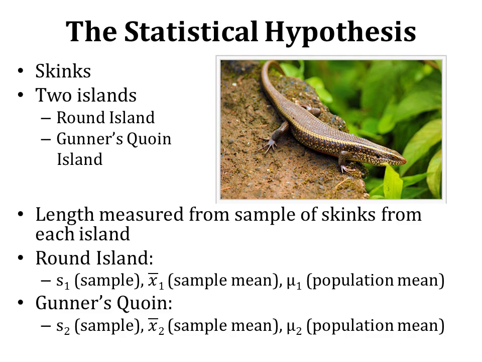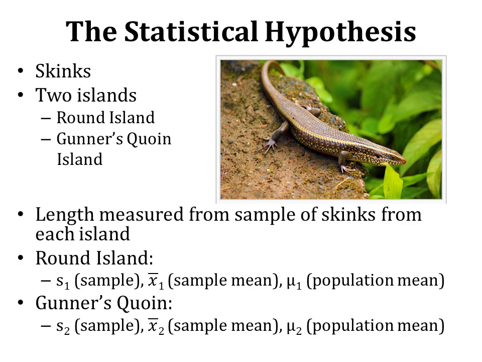So 1 is for Round Island and 2 is for Gunner's Queen Island. So S1 means sample from Round Island, X1 bar means sample mean of Round Island, mu1 means population mean of Round Island. S2 means sample from Gunner's Queen, X2 bar means sample mean from Gunner's Queen, and mu2 means population mean from Gunner's Queen.